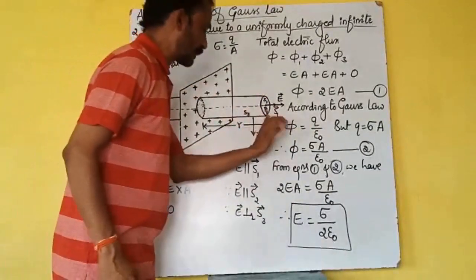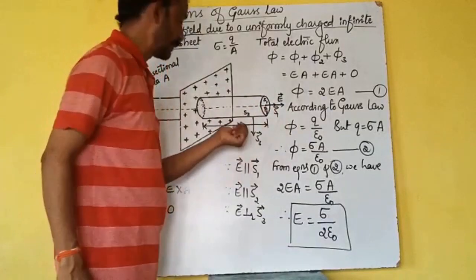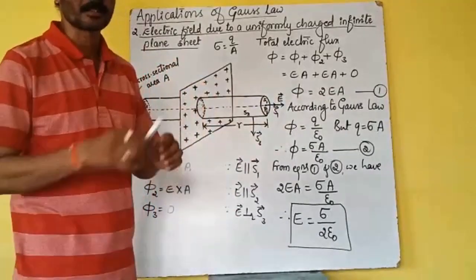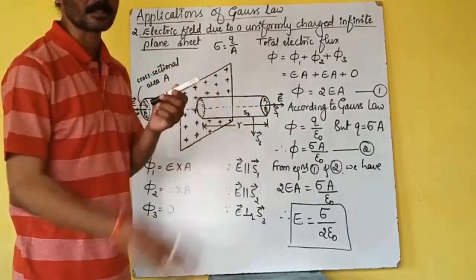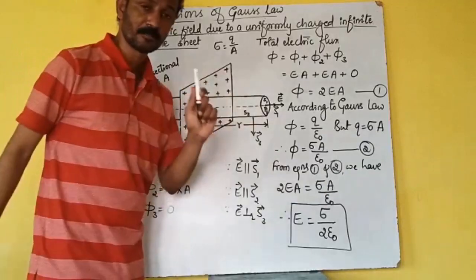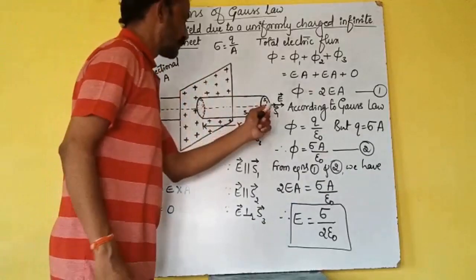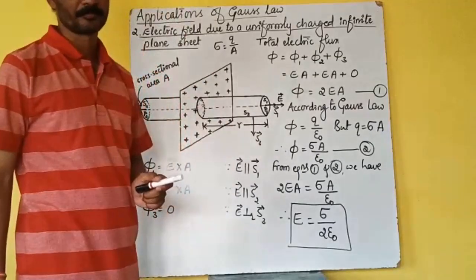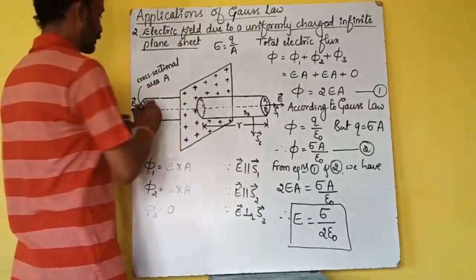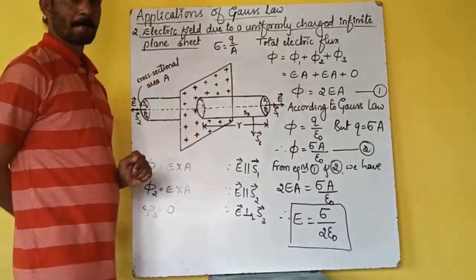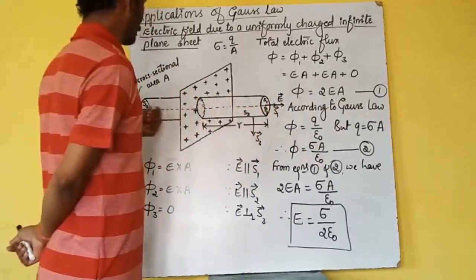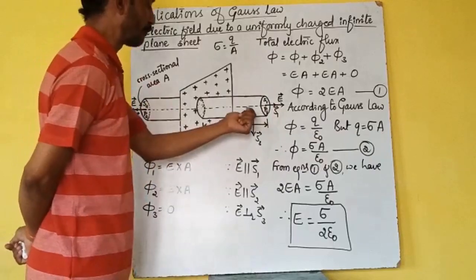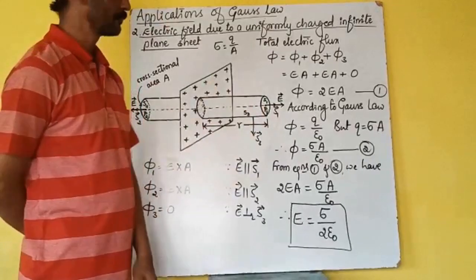To determine the electric field at point P, imagine a cylindrical Gaussian surface that encloses point P, such that the axis of the cylinder is perpendicular to the plane of the sheet. This cylindrical Gaussian surface consists of two plane surfaces S1 and S2 at both ends of the cylinder and one curved surface S3.